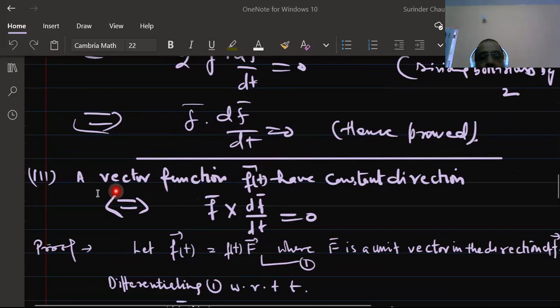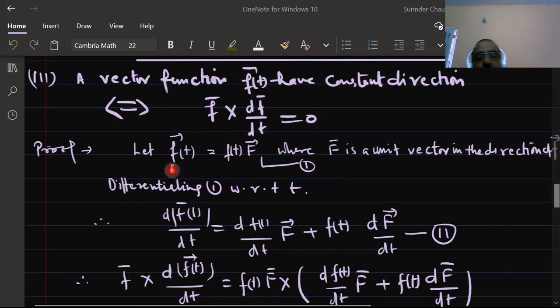Now the third part: a vector function f(t) has a constant direction but variable magnitude. This happens if and only if f cross derivative of f is equal to 0. For constant direction, let us assume that f is equal to f(t), the variable magnitude, times capital F vector, where F is a unit vector in the direction of f.